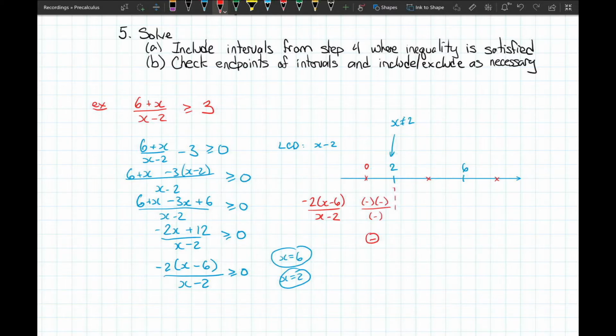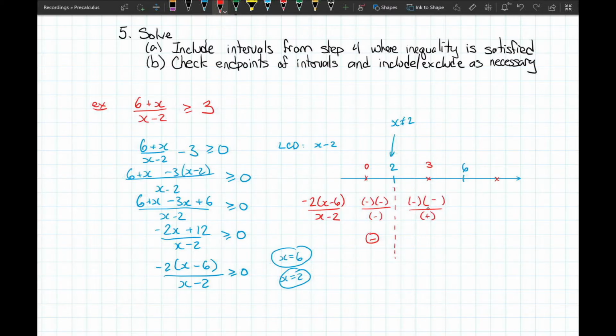Now, jumping across this divider where x cannot equal 2, we'll repeat the same process. Negative 2 is always negative. Pick a value between 2 and 6 though, something like 3, and 3 minus 6 is negative, but in the denominator, 3 minus 2 is positive.